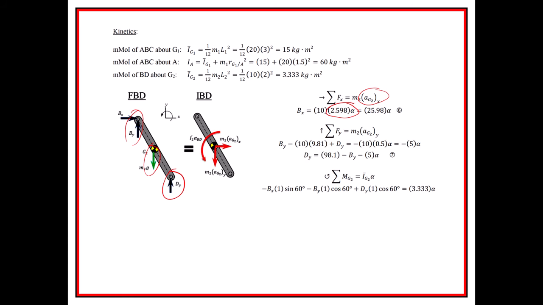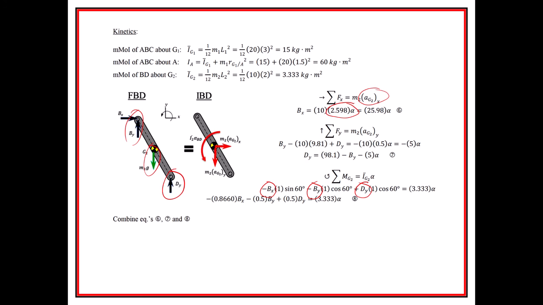In doing so, we don't have to put the mass times gravity in there, but we do have a Bx and a By and a Dy, right? And by the way, there's no friction going on here, so we don't have anything in that direction. So that's good. Now we have an eighth equation, right?